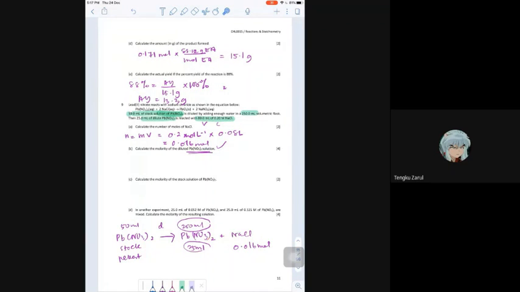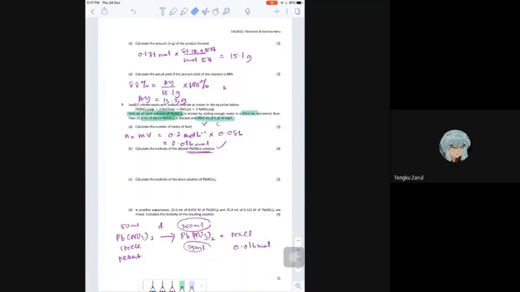We don't use M1V1. M1V1 is for the dilution. Dilution we use for those two processes. But from the NaCl amount, we want to know the concentration of this, so we are using the MAVA equation. To use the MAVA equation, we already have the ratio. So the equation will be MAVA. I will directly use n.